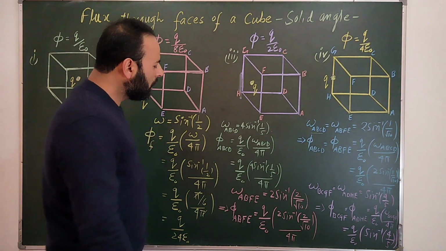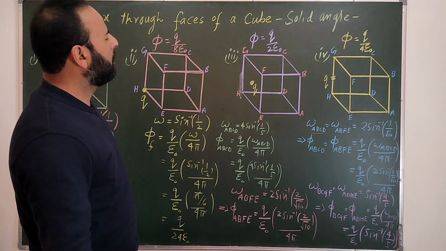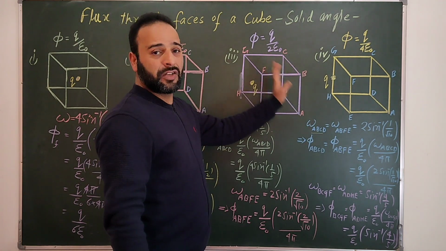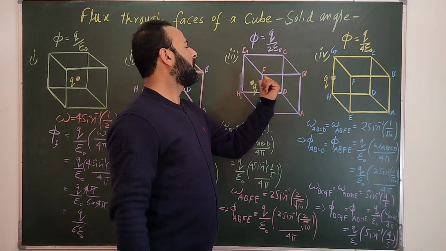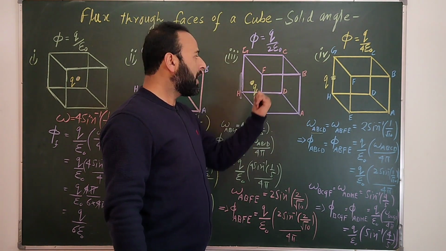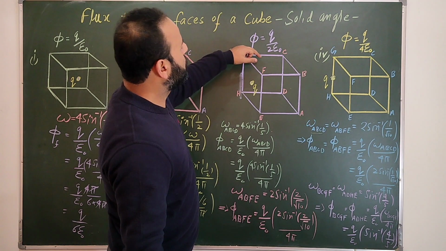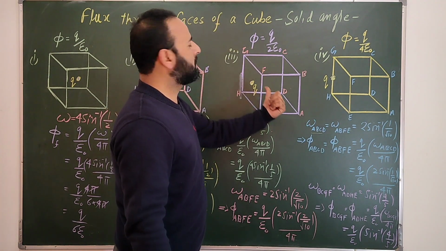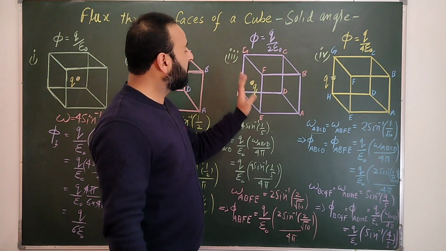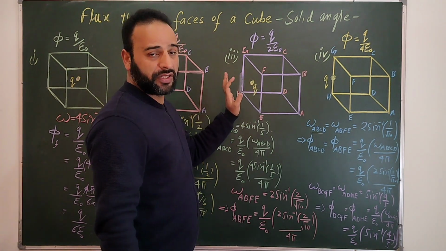Now, the solid angle subtended by this face ABCD is different, because the charge lies on the axes of this face at a distance of edge length, whereas these 4 faces, that is the back face and the front face, top face and the bottom face, they are equally symmetric with respect to the charge.